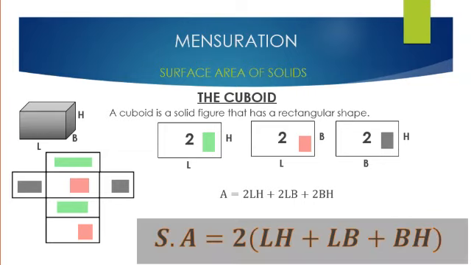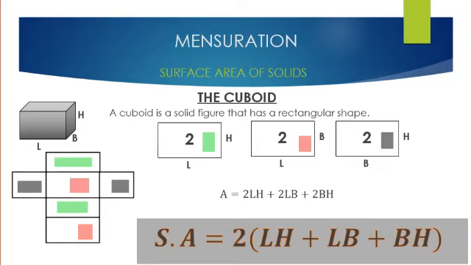Now, in mathematics, we know that if there's something common, we can factorize it. We can get the common factor and put it outside the brackets. So that's what we'll just do. Which gives us the surface area of a cuboid being 2, then in brackets LH plus LB plus BH. It's not difficult to remember, you see. When you know where it comes from, it's easy for you to remember the whole formula.